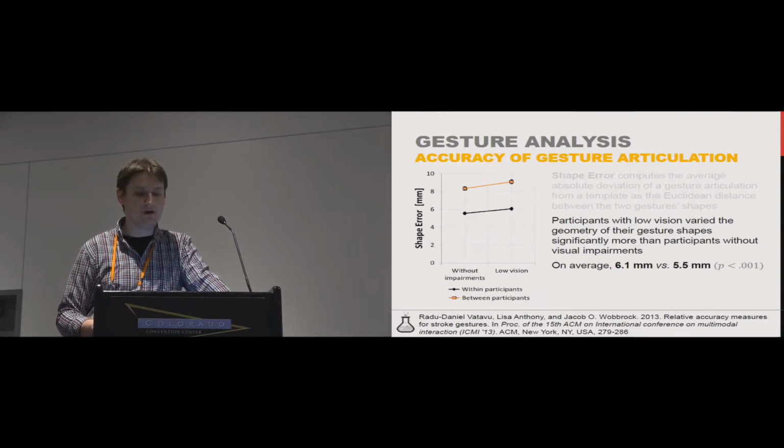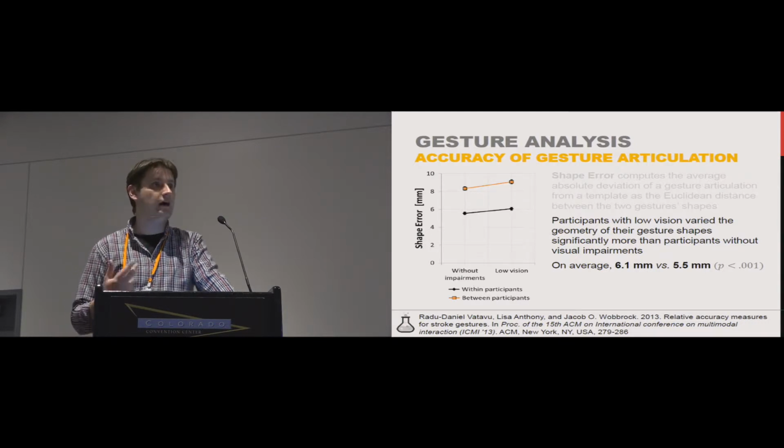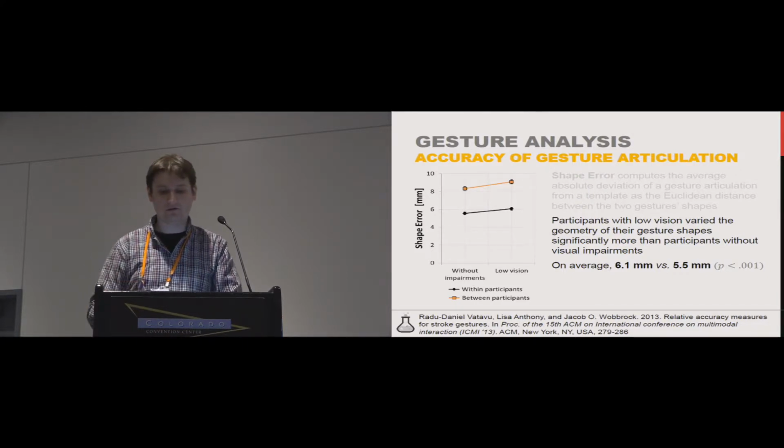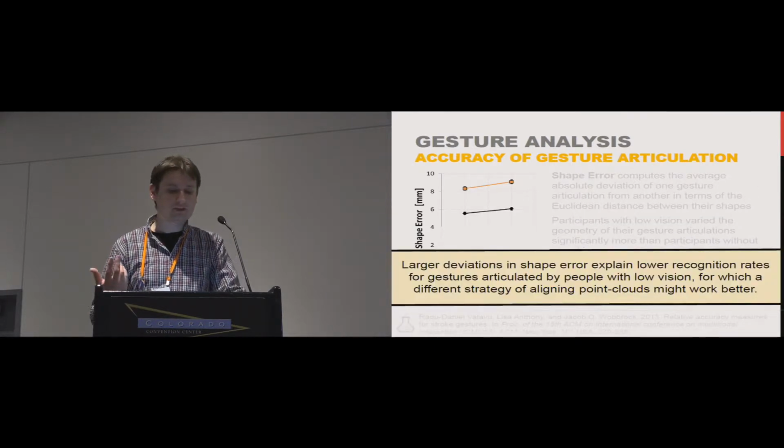So, results showed that participants with low vision varied the geometry of their shapes significantly more than participants without visual impairments.